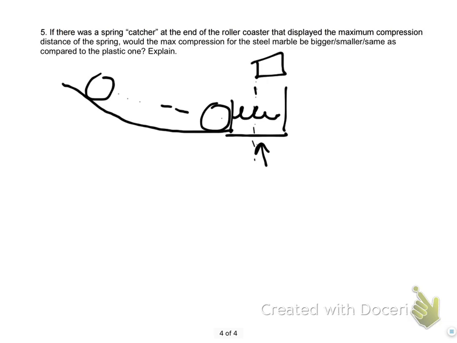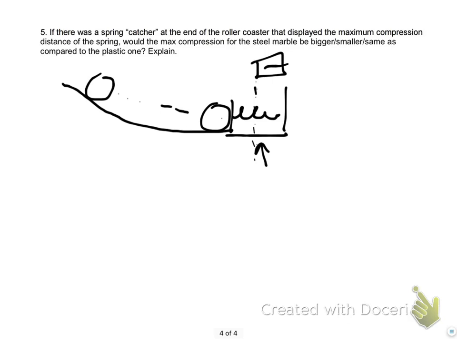There's a little readout that tells you how much it got compressed. So if the velocities aren't changing, the steel marble and plastic marble still end with the same velocity, then what is that going to do to the compression of the spring?